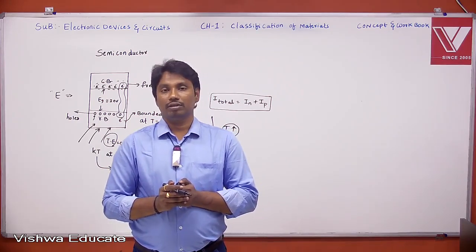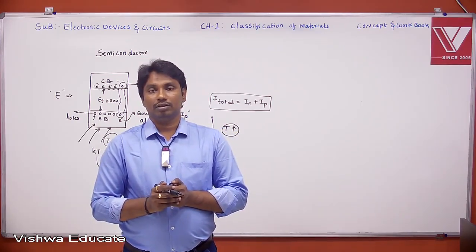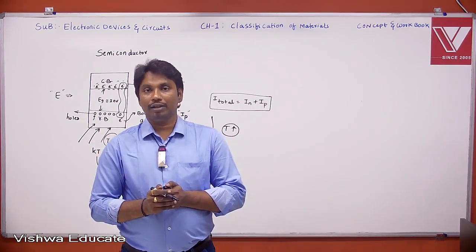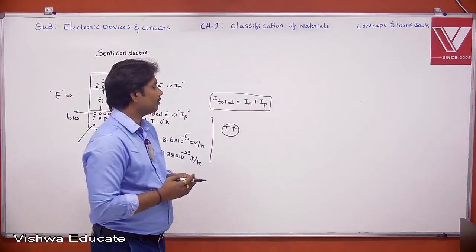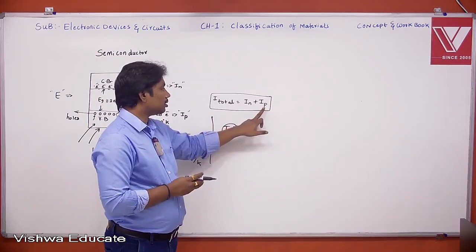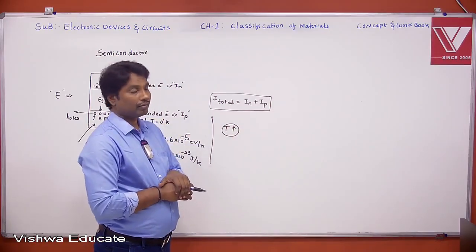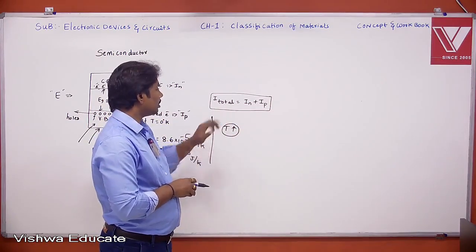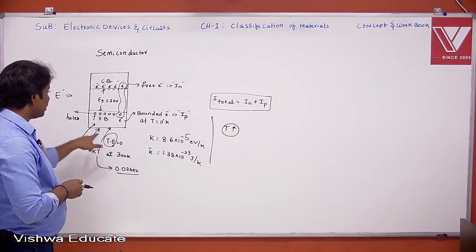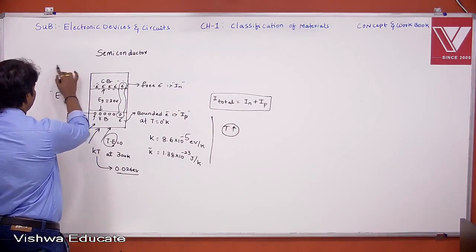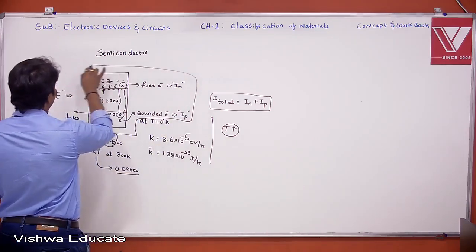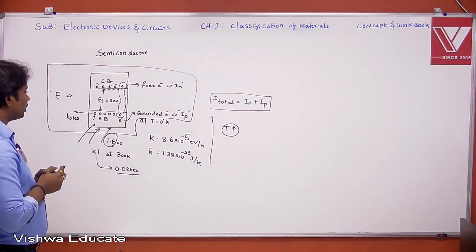Hence, the total current is given by I total equal to IN plus IP. Also copy this energy band diagram for the semiconductor.